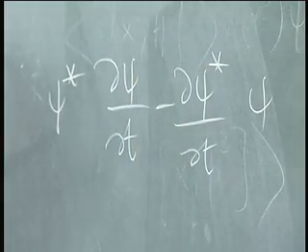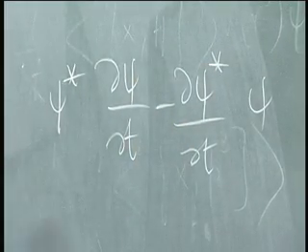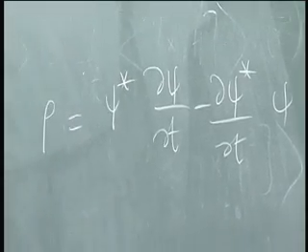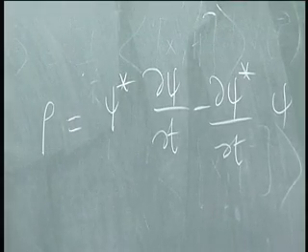That turns out to be the probability density rho. Then he was puzzled and thought this was wrong, because that quantity can take either sign. He said how can a probability density be negative, and so he gave it up.